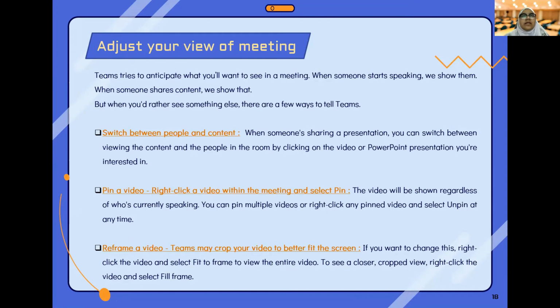The next one is pin a video, so that the video will not change to the smaller screen. It will be in the big screen. You just right click and select pin, or you can unpin at any time. And the last one is reframe a video. You can crop the view: right click the video and select fill frame, so that it shows the specific frame that you want to see only.